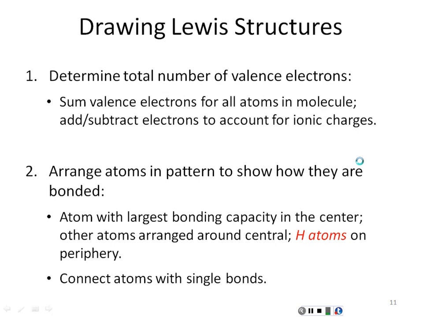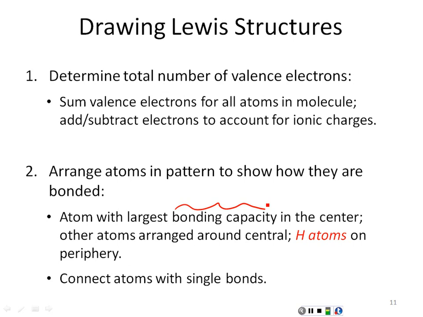And hydrogen atoms are always going to be on the outside. And I think that looking at it in terms of bonding capacity is really the appropriate way to do that. Thinking about electronegativity, that rule doesn't always work.